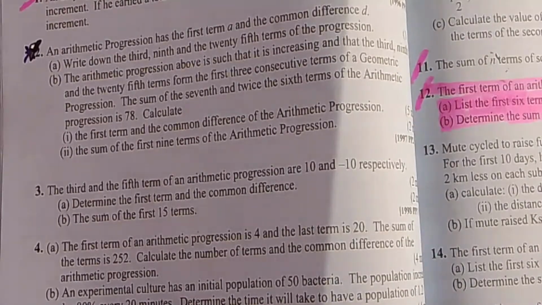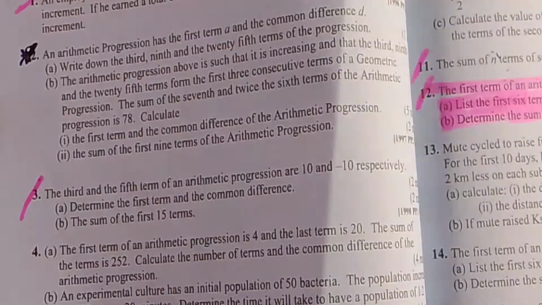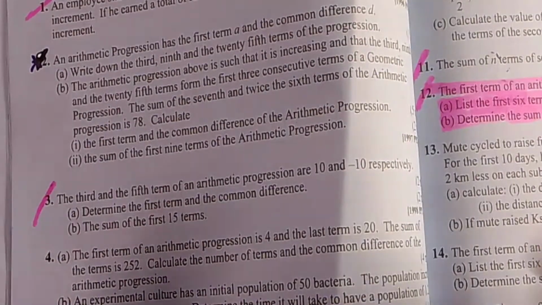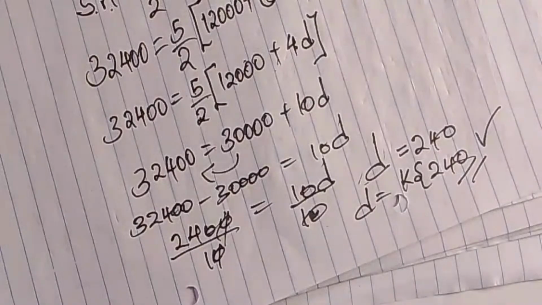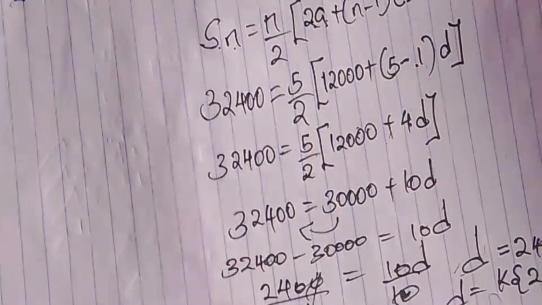So tunafanya namba 3. Tunaambiwa the third and the fifth term of an arithmetic progression. Mnakalia mtihani huu mwaka, nataka mpite. I need you to pass with flying colors.